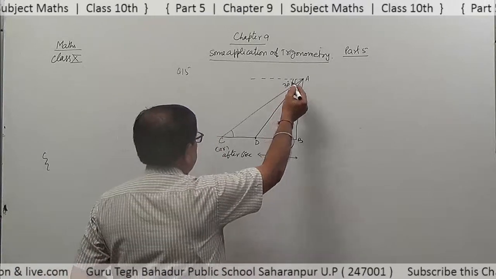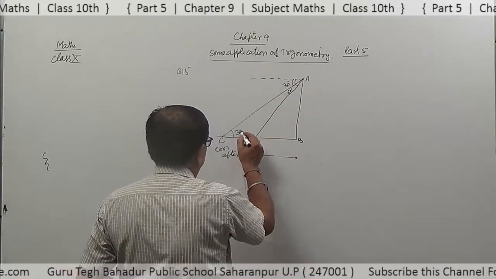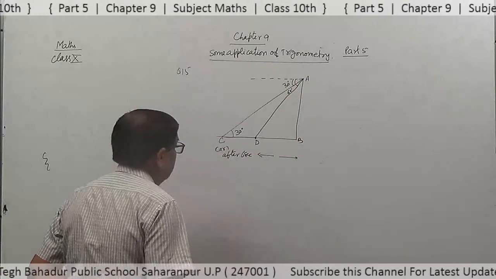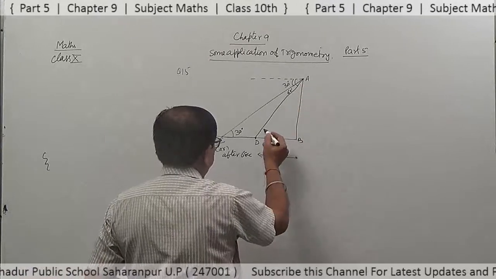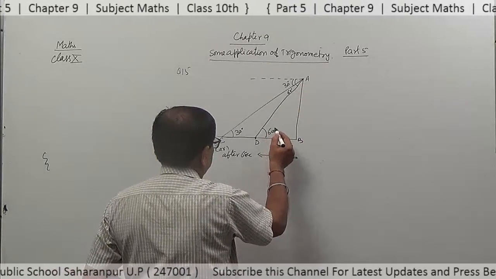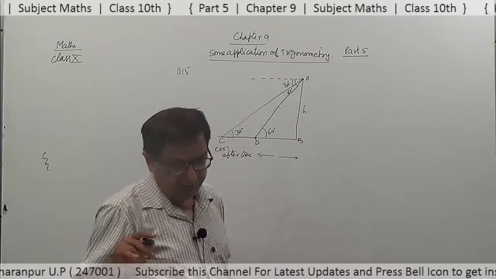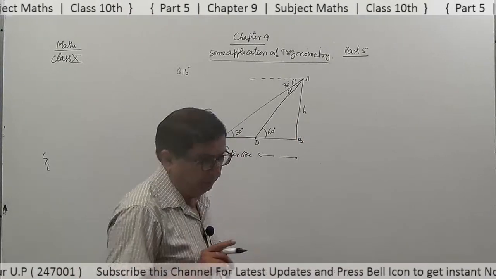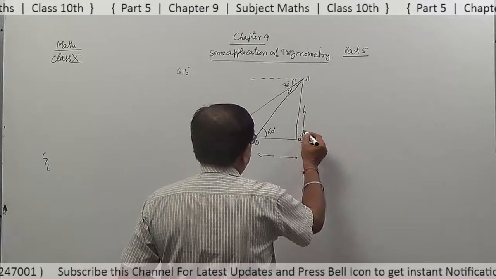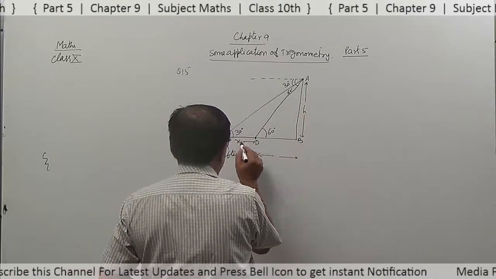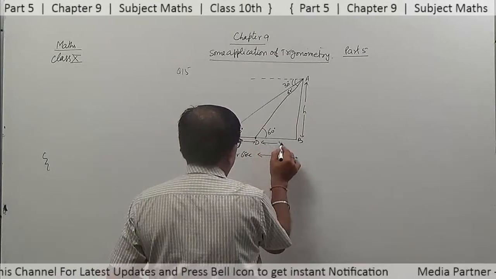So this is 30, so this will be 30 because alternate interior angles are equal. This is 60, this will be 60. Let this be the height h, this distance is x, this is y.